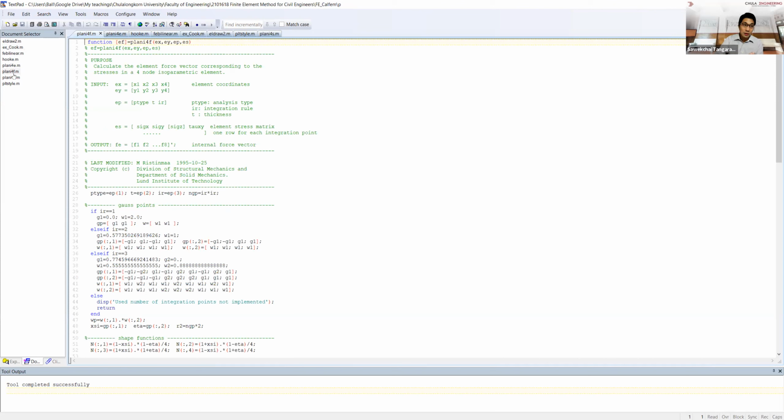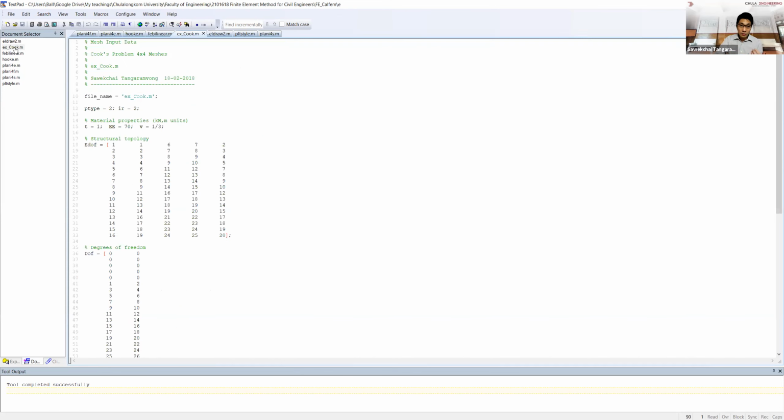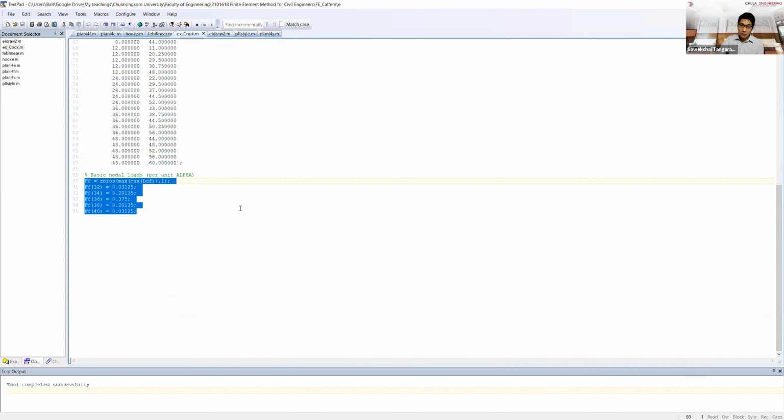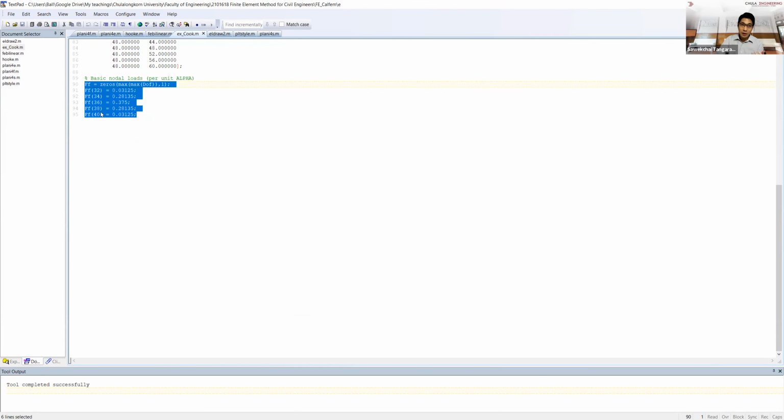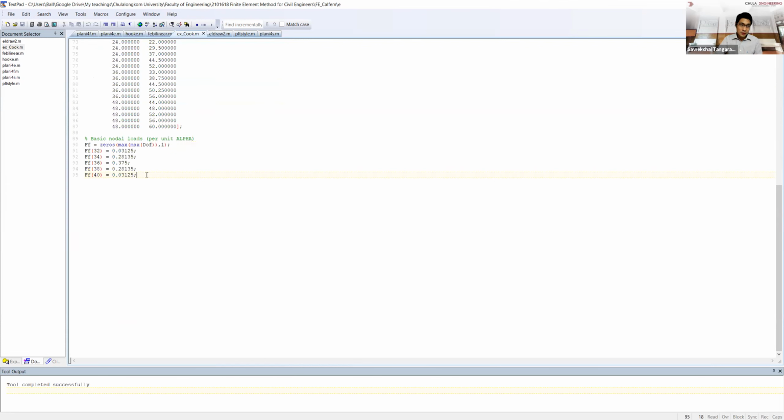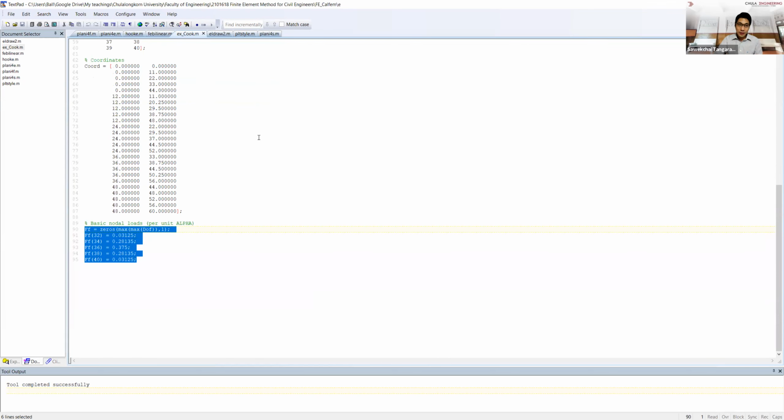You can put plane Iso-parametric 4, the F is for force, right? It gives you notations here, and you can try and play with whether you can use this code to give you the force matrix or the force vector. If you can, you just extract the force vector and append it at the bottom here.